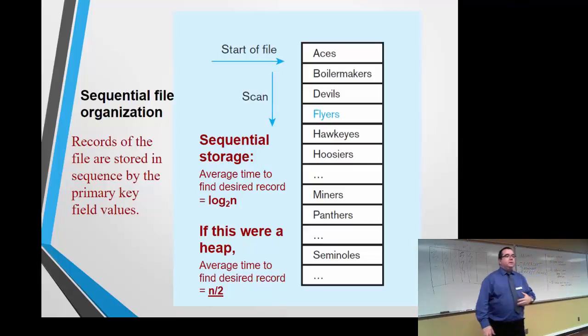All right, there's some organizations here. Sequential file organization, every single time you want access, it has to scan from the top and work its way down. And then if it's a heap, it's number of records divided by 2.